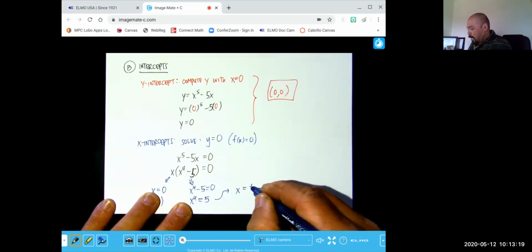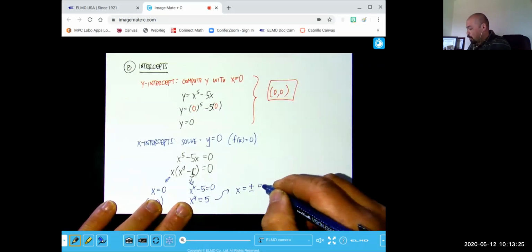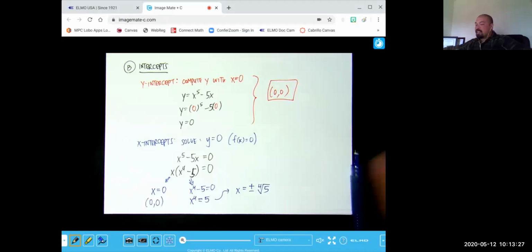And anytime we take an even index radical, that plus or minus comes in: the fourth root of 5. And that's going to be some weird decimal number, right? I know I'm trying to go away from the calculator, but just so we can see it, let's calculate that 5 to the 1/4 power.